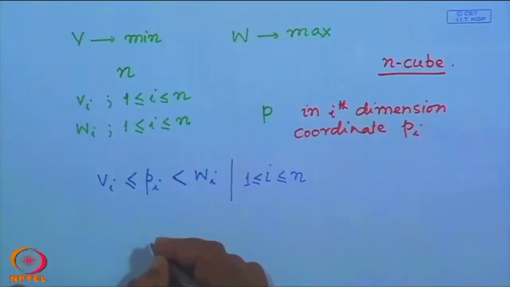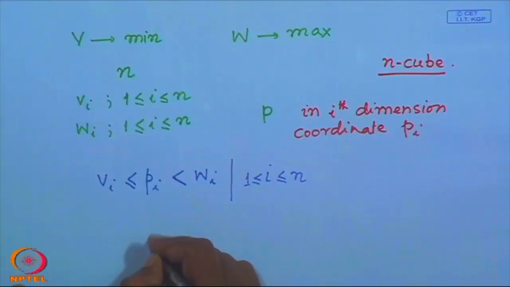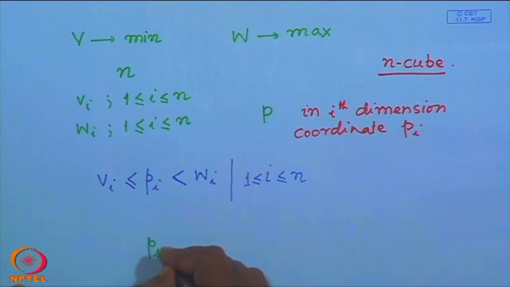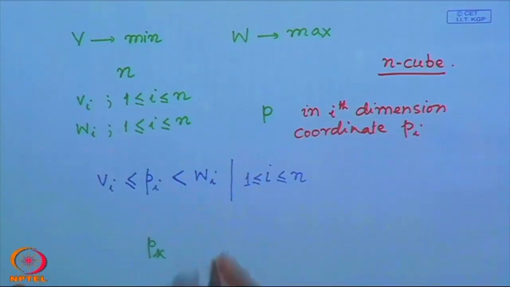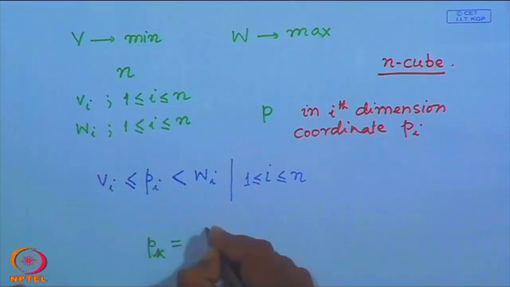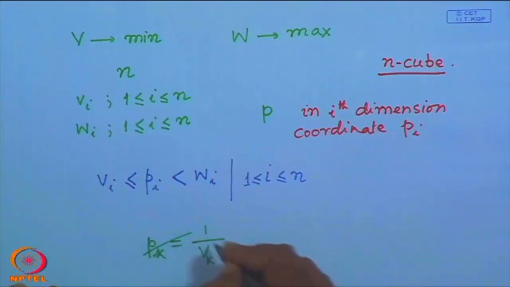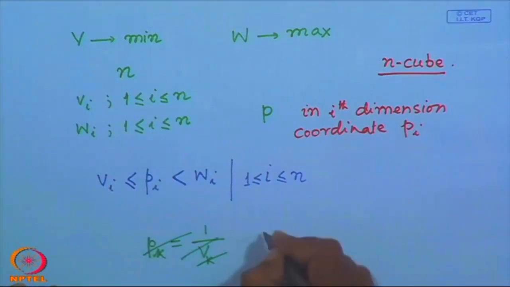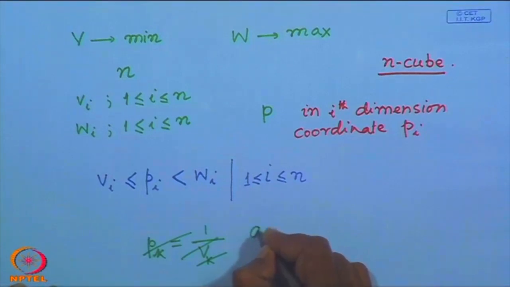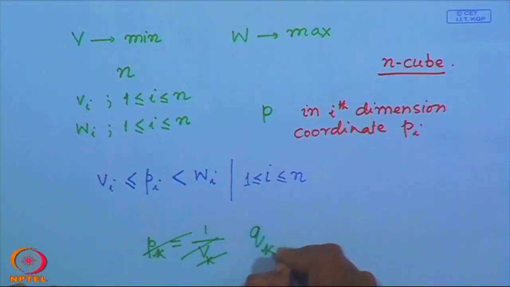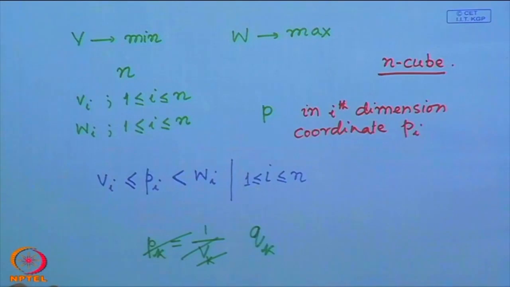So, a sample will fall within that kth bin with a probability density as estimated by this method. Overall, if pk is the probability that a sample falls under the kth bin, it is simply 1 upon Vk, where Vk is the volume of the kth bin. Sorry, let me put it the other way. Instead of P, let me call it Q, because we are using P to represent the point here.